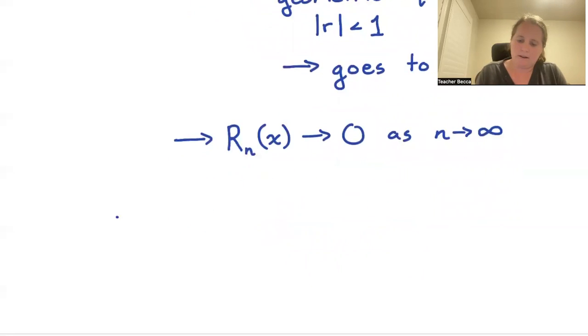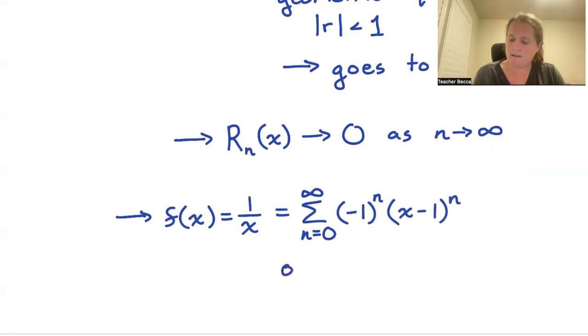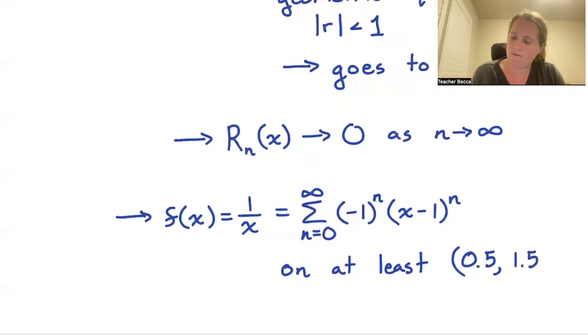And so we get that our f of x equaling 1 over x is equal to the sum from n equals 0 to infinity of the Taylor series, which is -1 raised to the n times x minus 1 to the n. And this is on at least the interval from 0.5 to 1.5.